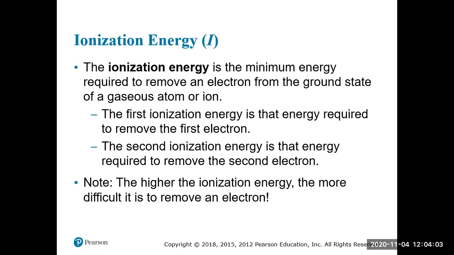So understanding how easy it is to remove those electrons, in other words, whether it has a high or low ionization energy, is important in understanding what energy you need to put into a system in order to create that ion. So ionization energy, once again, is the amount of energy you need to remove an electron from that gaseous atom or ion.